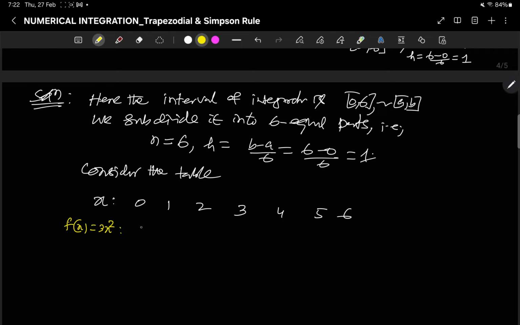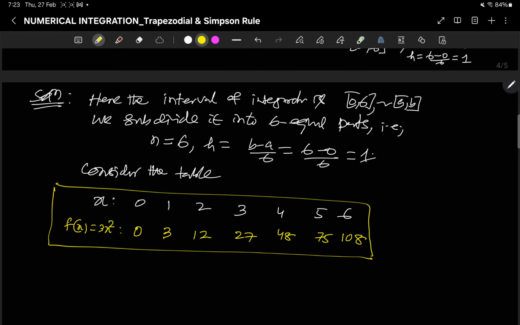So it is 3 into 0 square, 0, and 3 into 1 square, 3, then 3 into 2 square is 12, then it is 27, 48, 75, 108. So this is my tabulated data. This is my F0, F1, F2, F3, F4, F5, F6.